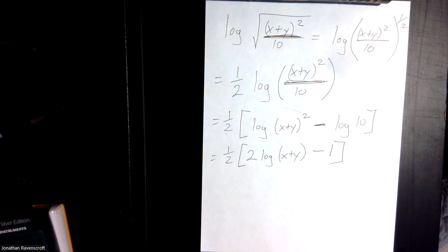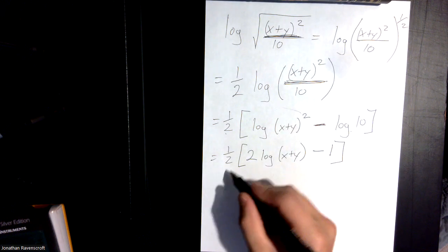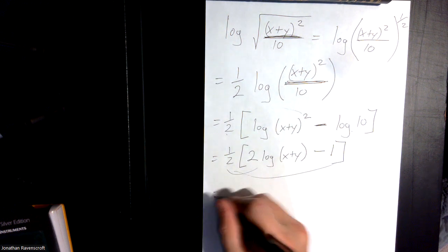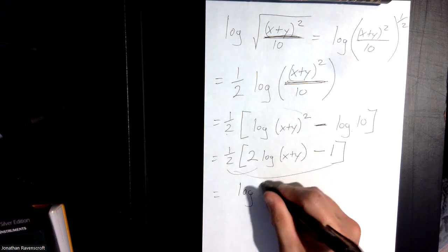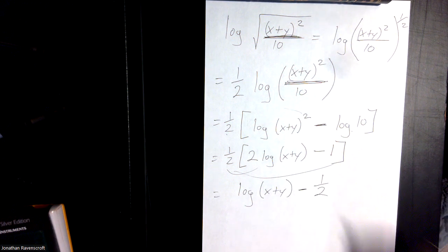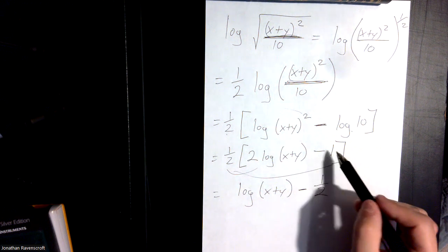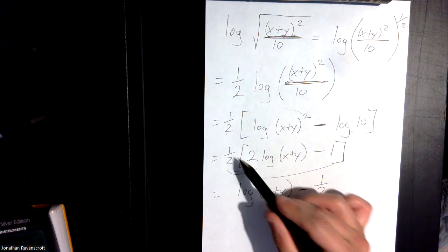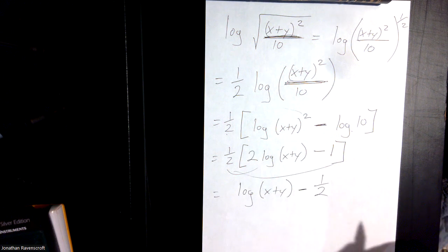Now this is about as simplified as this is going to get. If you really want to, you can distribute 1/2. That's about as simplified as it's going to get. If you really wanted to, you could write this whole expression over 2 instead of 1/2, but that would be the same thing.